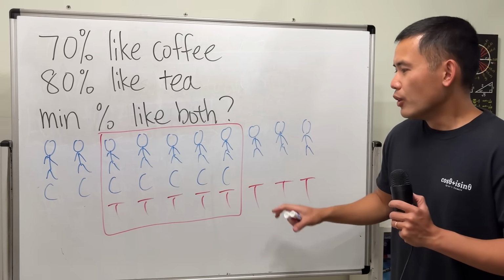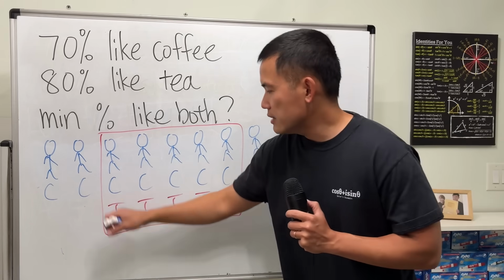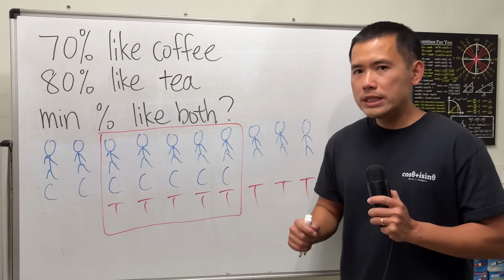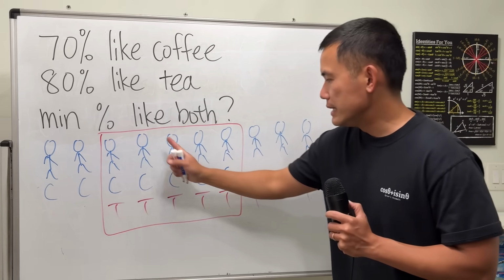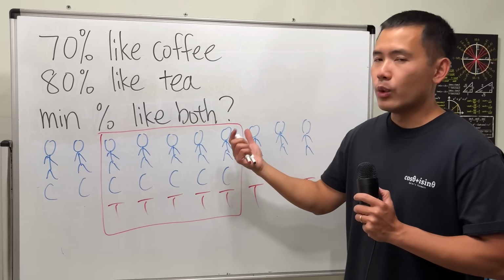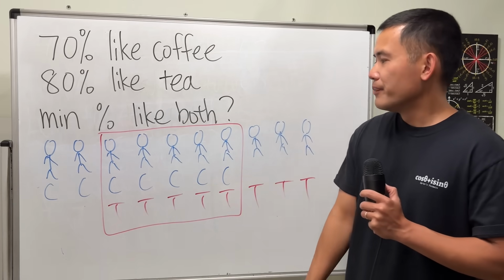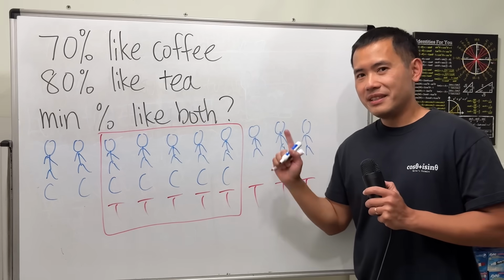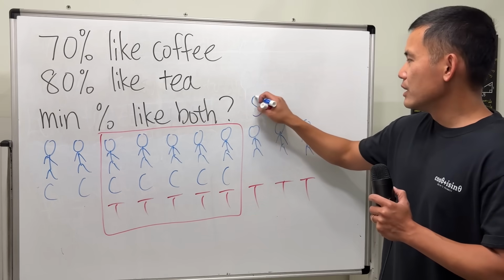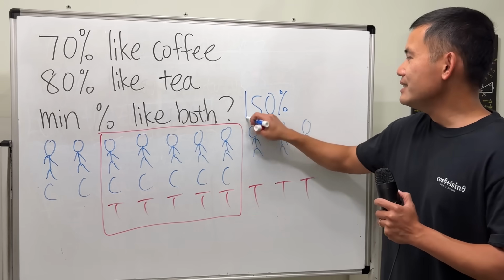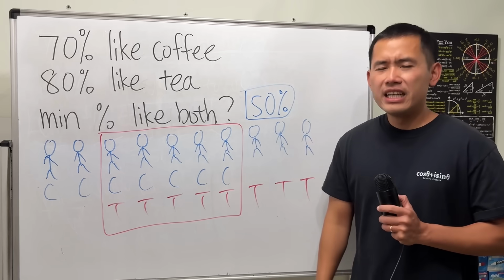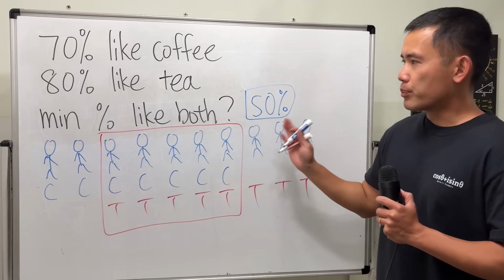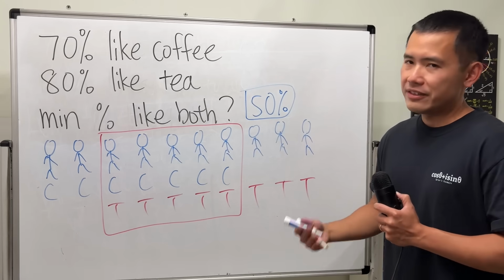And in fact, no matter how you arrange the C's and also the T's, there will always be 5 of them with these overlaps, meaning they will like both coffee and tea. So as we can see, the answer to this question is just 50%. And we are done. Now let's see if we can actually approach this question in a more mathematical manner.